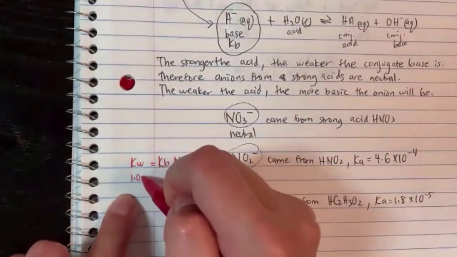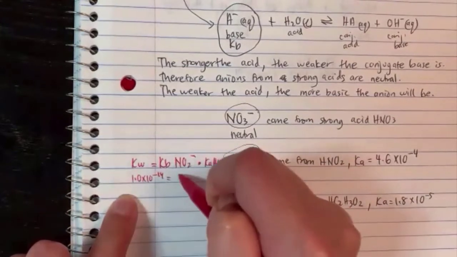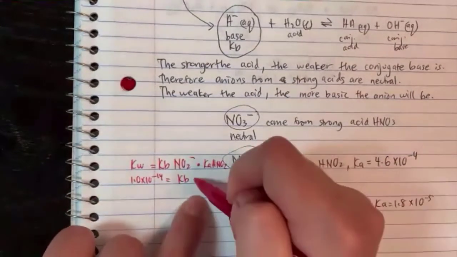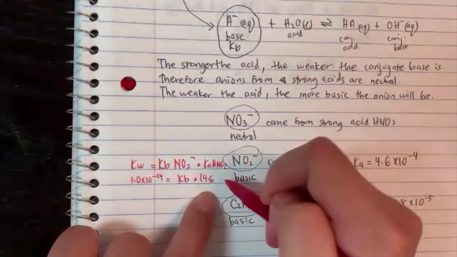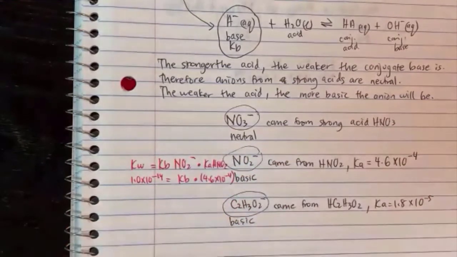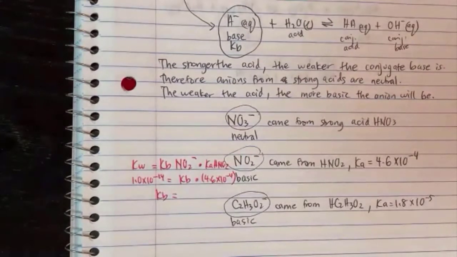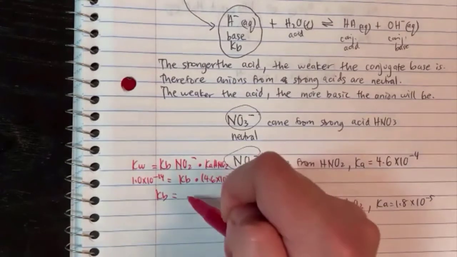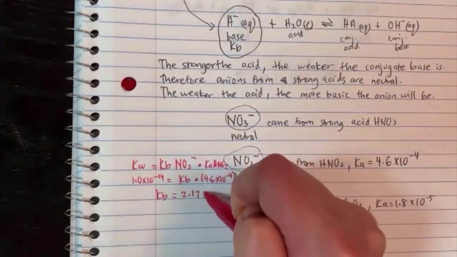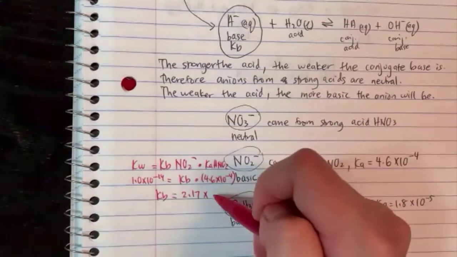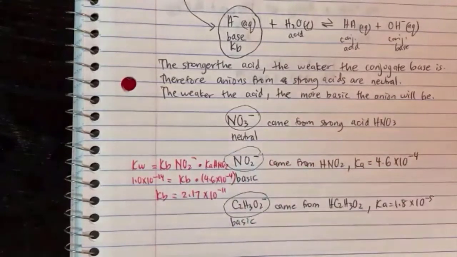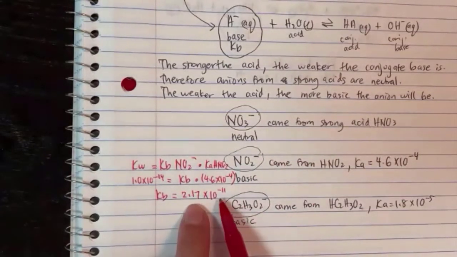So 1.0 times 10 to the minus 14 equals Kb times 4.6 times 10 to the minus 4. See that? So we can get Kb here. So let's go ahead and do that. In this case, Kb was 2.17 times, or literally just 2.2, times 10 to the minus 11. So you can see how you can get the values.